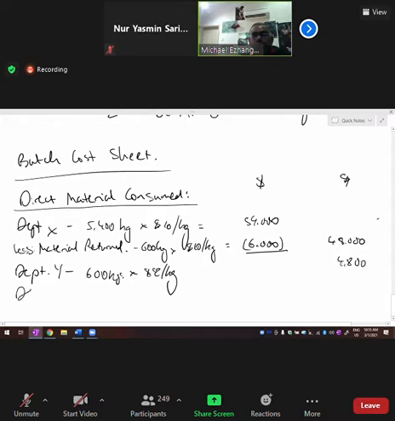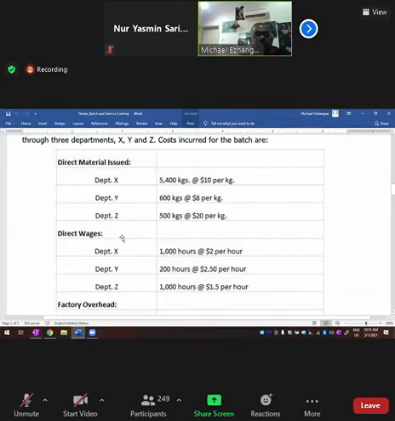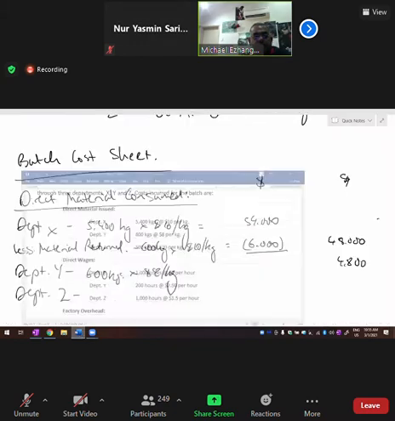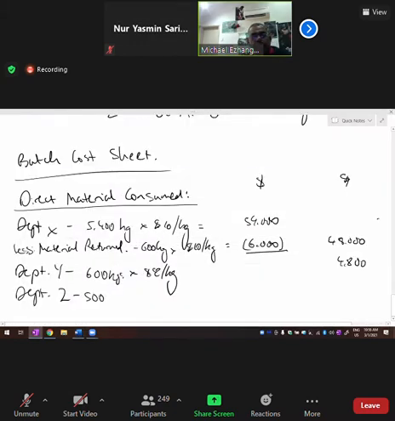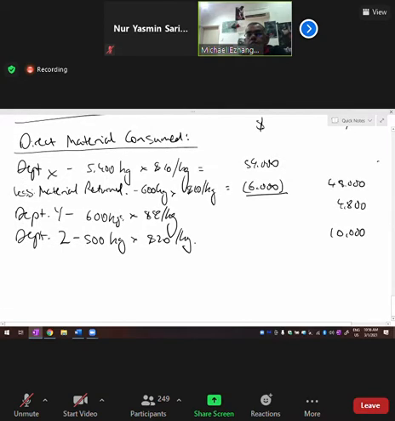And we have Department Z, which is 500 kgs at $20 per kg. So 500 times 20 is 10,000.